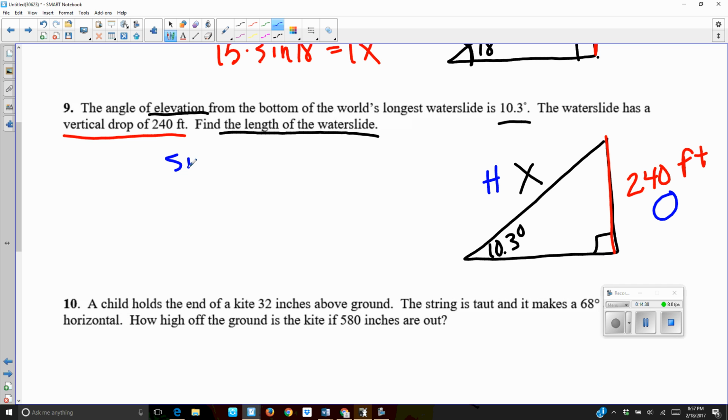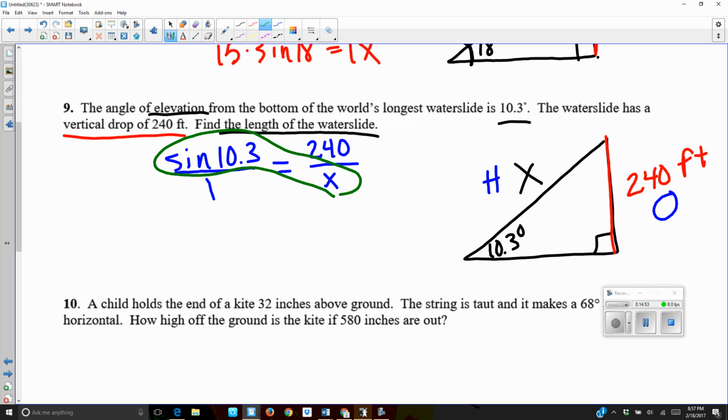So it's still the sine trig function. The sine of 10.3 equals 240 over x. You have to be careful. This setup is a little different because x is on the bottom. So it's x times the sine of 10.3 equals 240. One added step, divide both sides by the sine of 10.3.